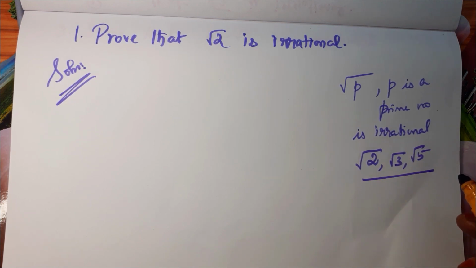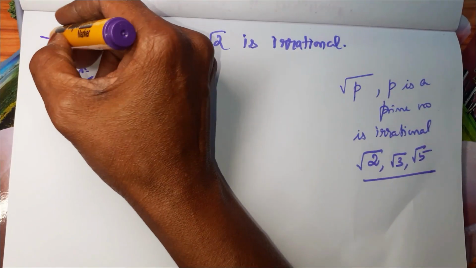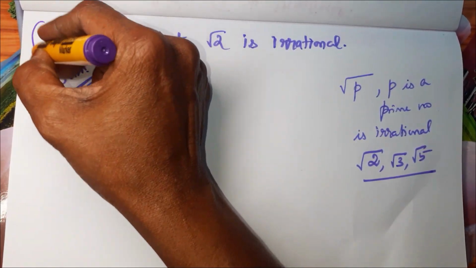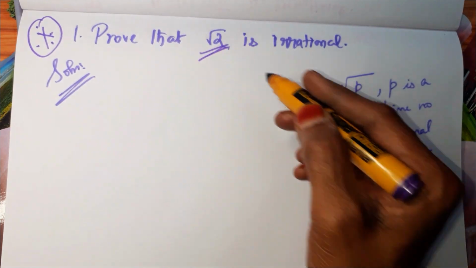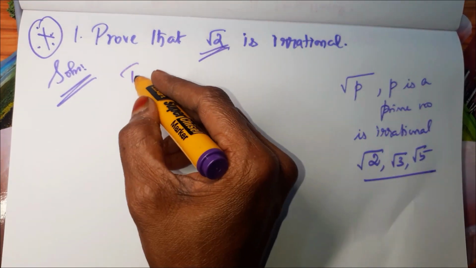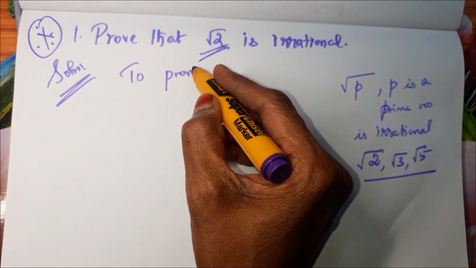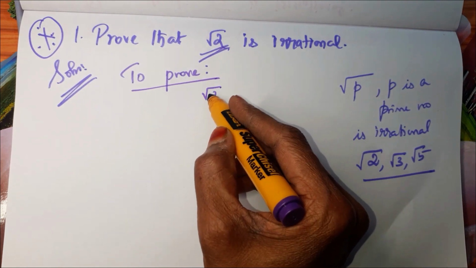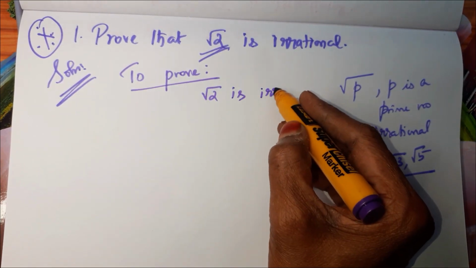So we need a proof for this. Such kinds of questions are very important. You may get a question of this format. They will ask you to prove root 2 or root 5 or root 3, any number, as an irrational number. So we are going to prove it. What is to prove? To prove is root 2 is irrational.